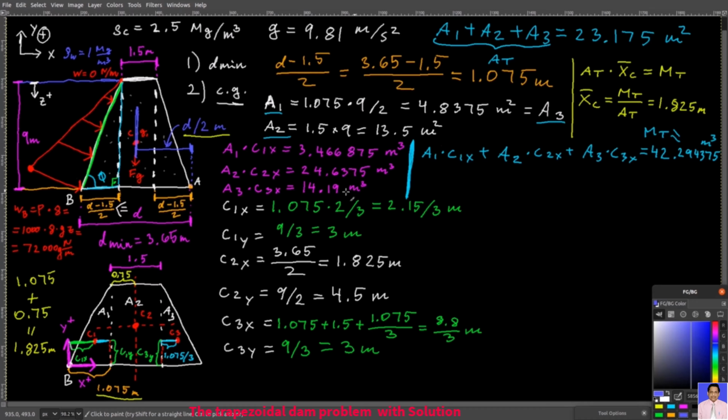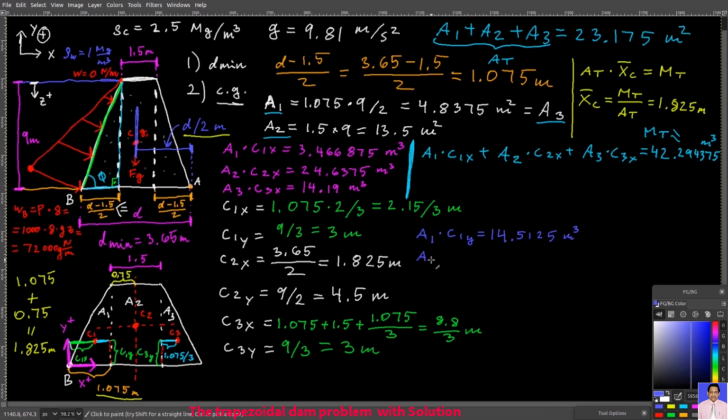And now to find y bar C, the centroid in the y dimension for the entire trapezoidal cross-section, we follow the similar procedure. I will take area 1 and I will multiply it by C1y. C1y, that's the centroid of the area A1 in the y direction, measured from point B. It equals this one.